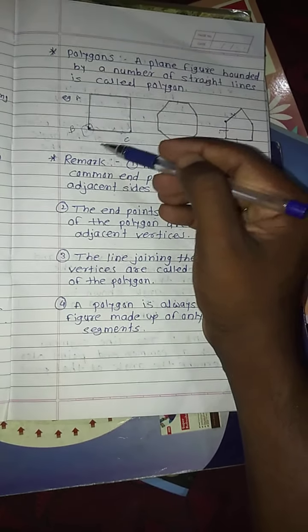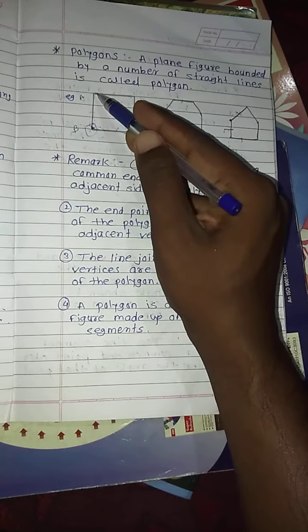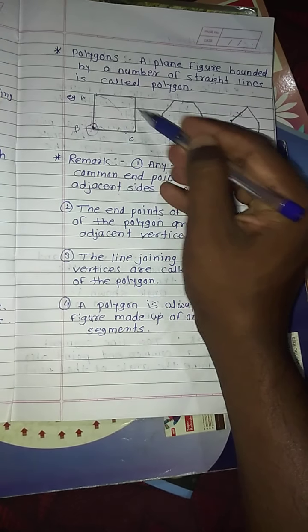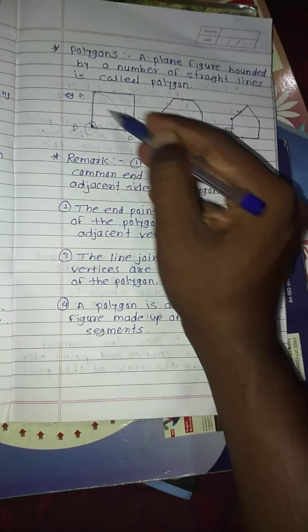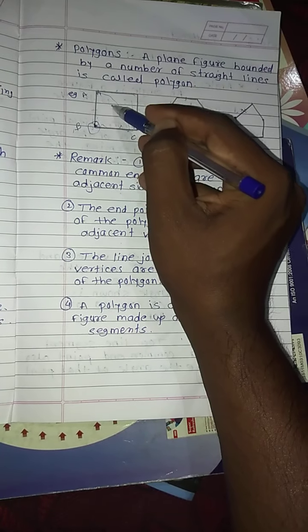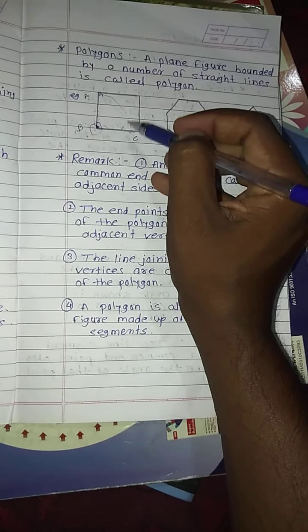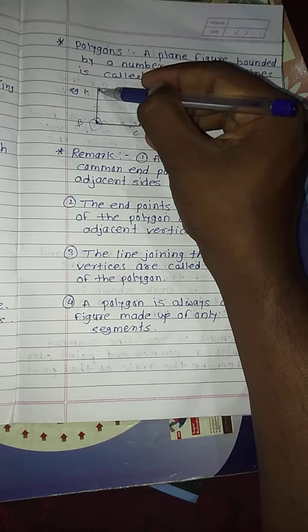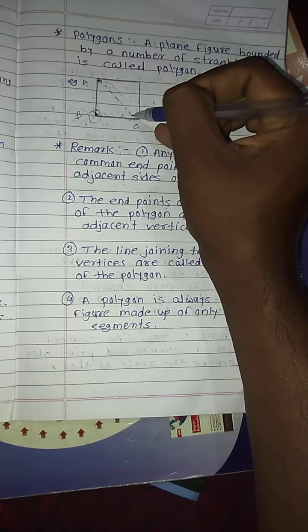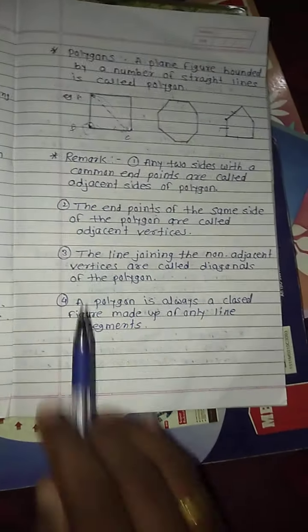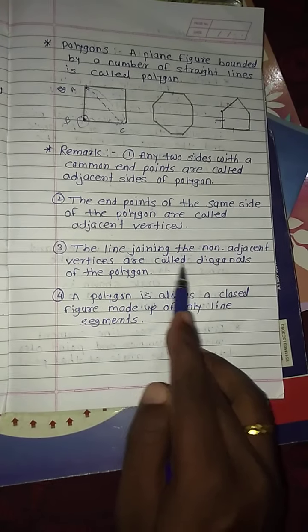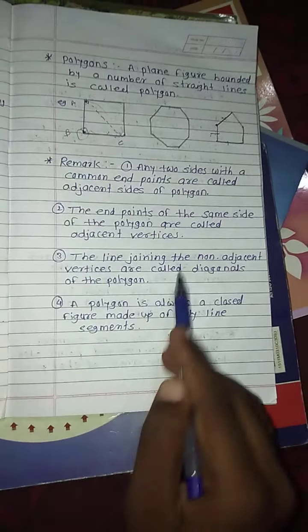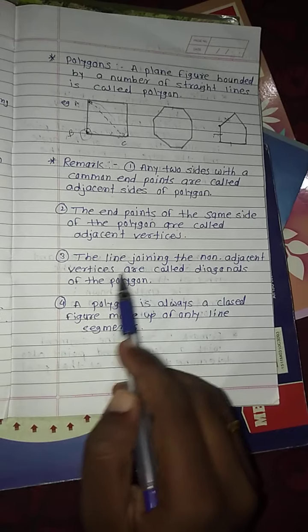Then we can say that these are not adjacent. But if I join this AC point, this AC is called a diagonal of a polygon.